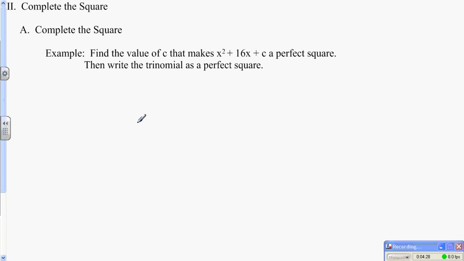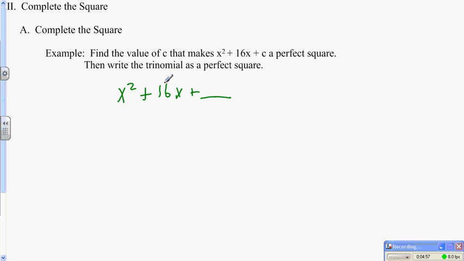Now completing the square, we can do basically what we've done in the last two examples if we have a perfect square. And there's a way to create a perfect square, which will then allow us to use that method. And it's a fairly simple process. Right now we have x squared plus 16x, and they're wondering what we will add that will allow us to have a perfect square.